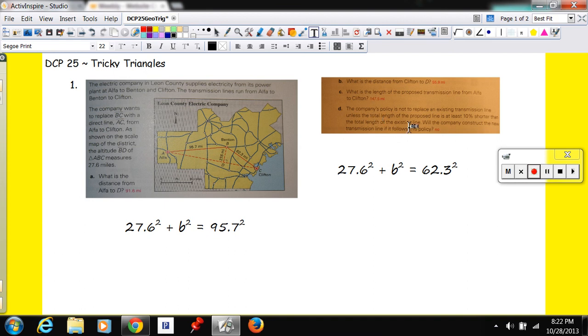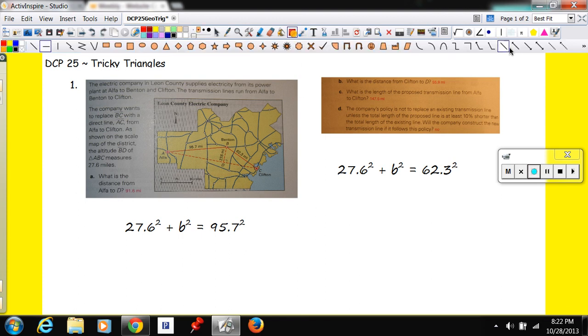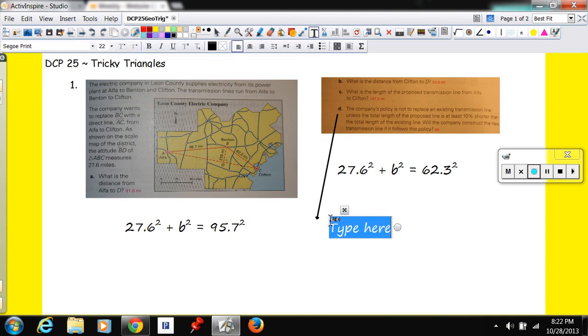It says the company's policy is to not replace existing transmission line unless the total length is 10% shorter than the length of the existing line. So right now, the existing line is a total of 95.7 plus the 62.3.